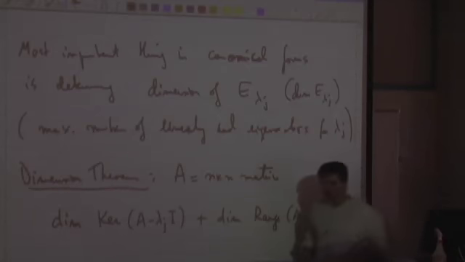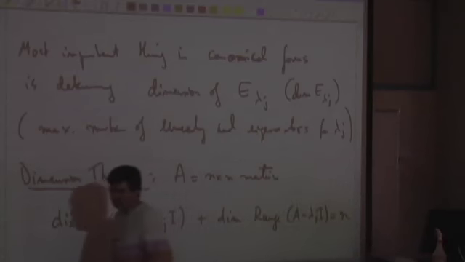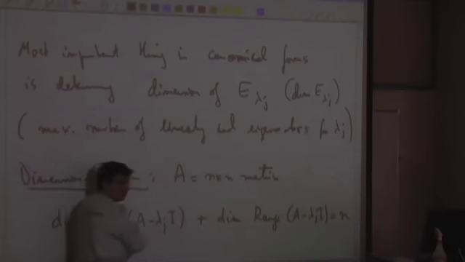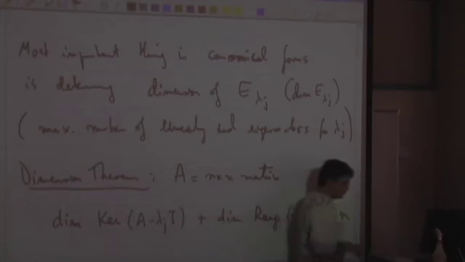So n is the dimension of the matrix. So you recognize here is the E lambda J, right? What is this range? What is the range of a matrix, for instance?